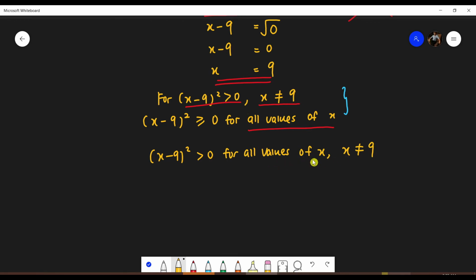All values of x means between negative infinity and infinity, but not including 9. We can write the final answer as this: between negative infinity and 9, or between 9 and positive infinity. This union symbol stands for this part or this part.